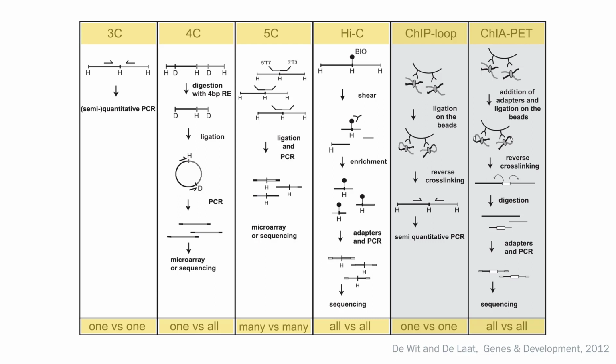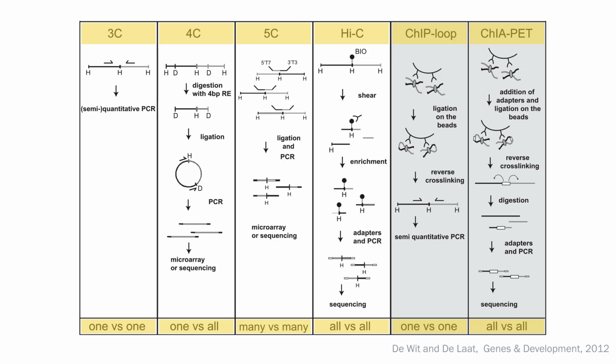Now, when I say all versus all, the resolution of these assays depends highly on the number of reads you can get out of your experiment, and of course there are costs associated with that. So typically, what we see for Hi-C data these days is about 1,000 base pairs against all of the 1,000 base pairs.